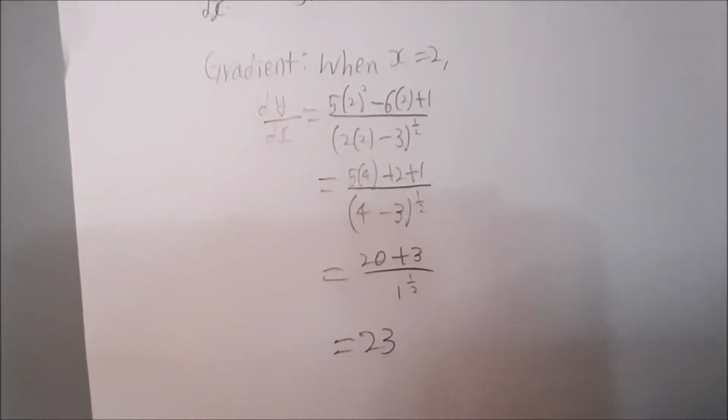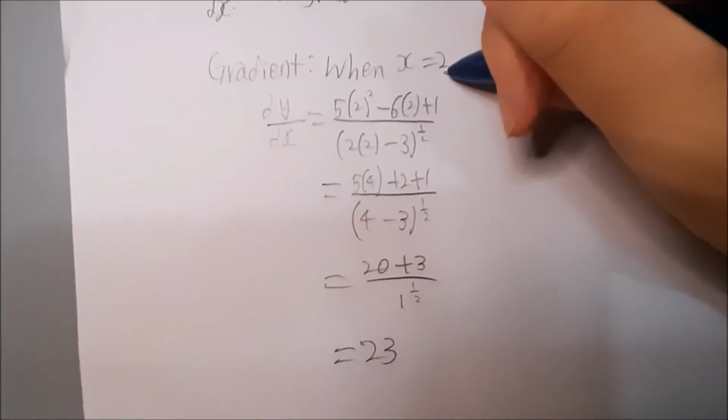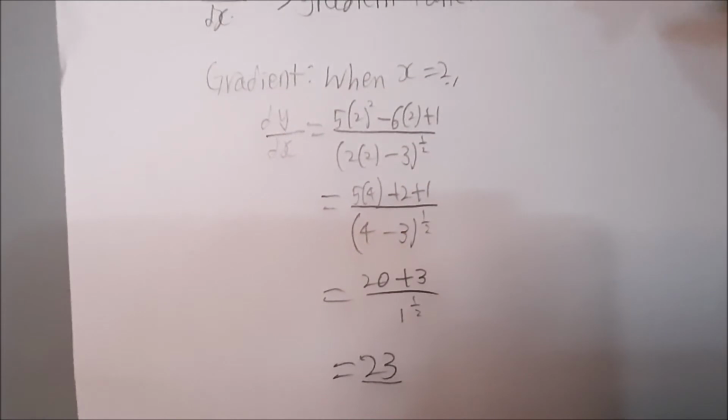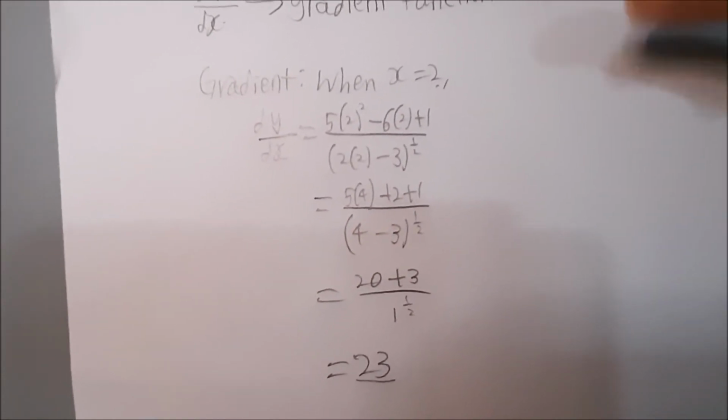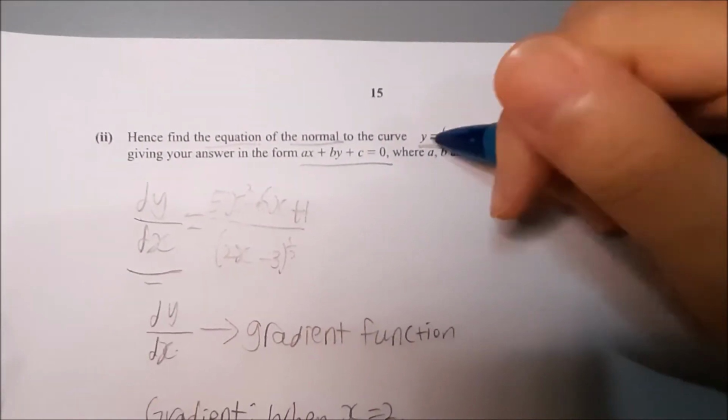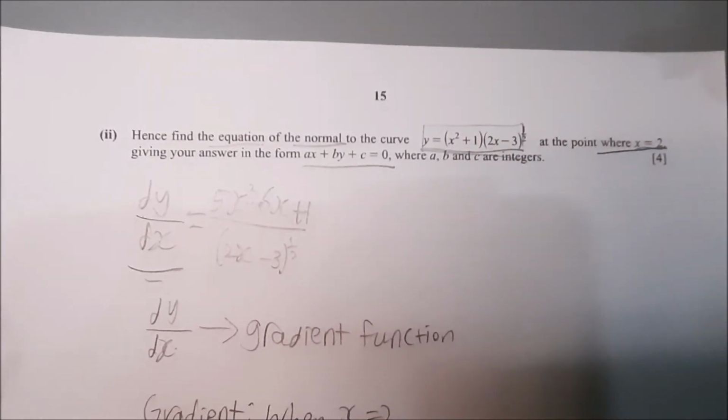So when x equals 2, the gradient of the graph will be 23 for this graph right here.